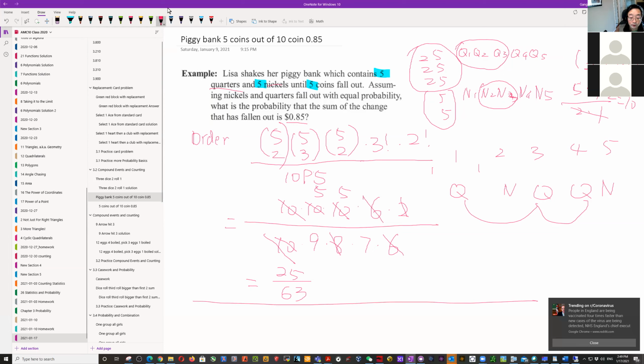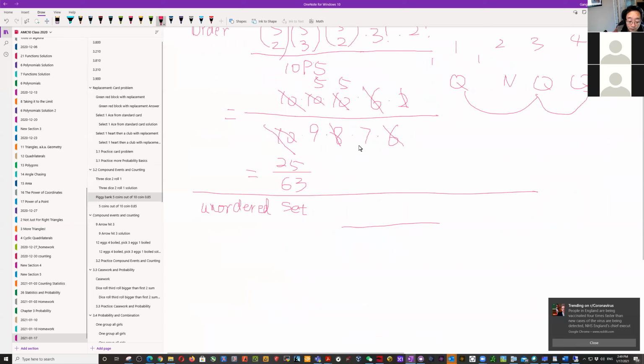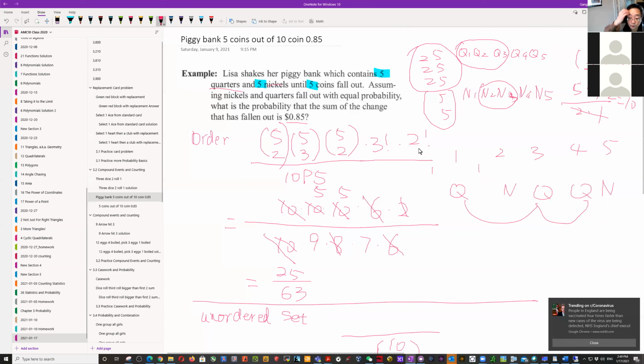Then the second way, let's try to do the unordered set. For the unordered set, you have the way to choose 5 coins out of 10, that's 10 choose 5. Then I need to choose 3 quarters and 2 nickels.